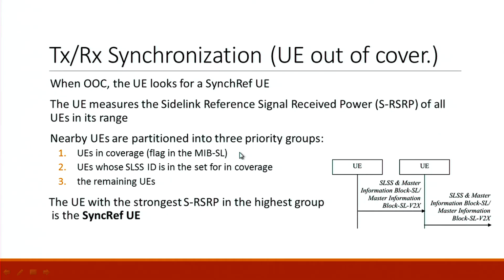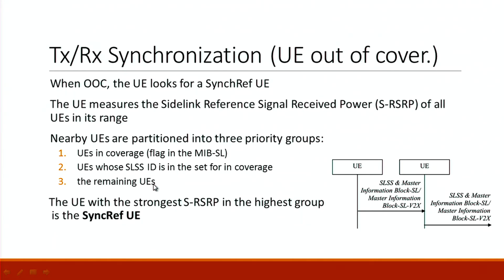Or UEs whose ID is between 0 and 167. It means that this car may not be in coverage, but it is receiving the synchronization from another car who is in coverage.